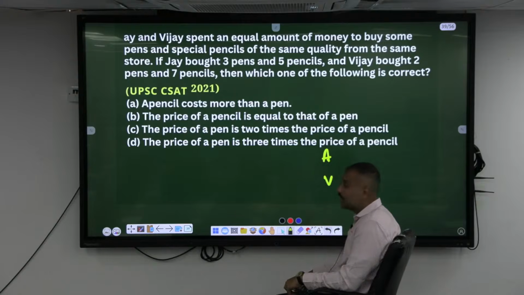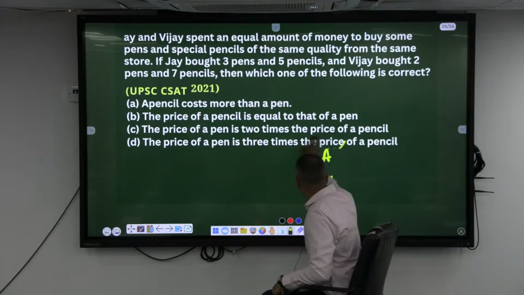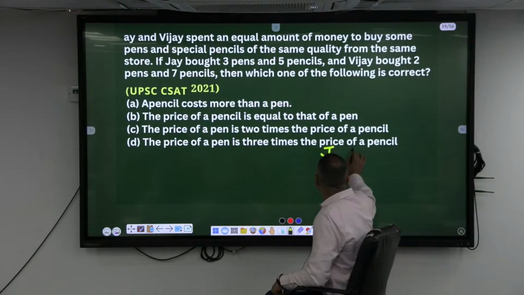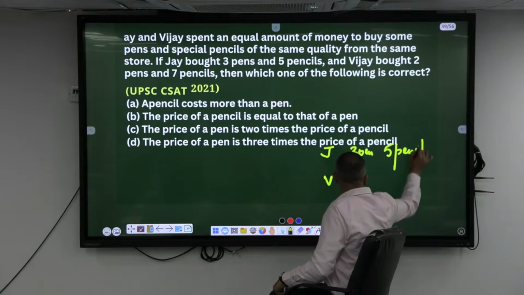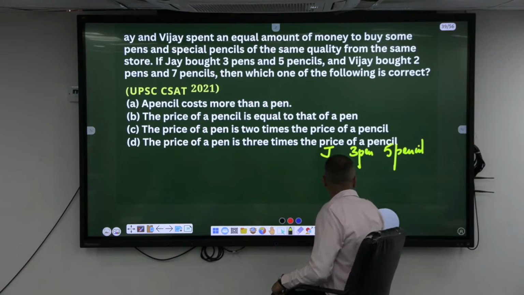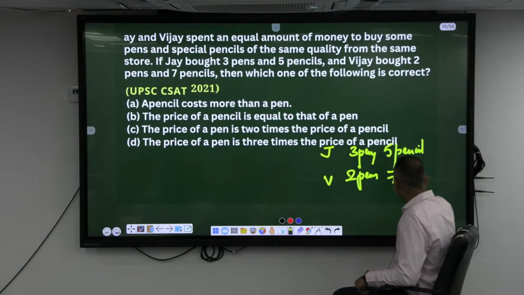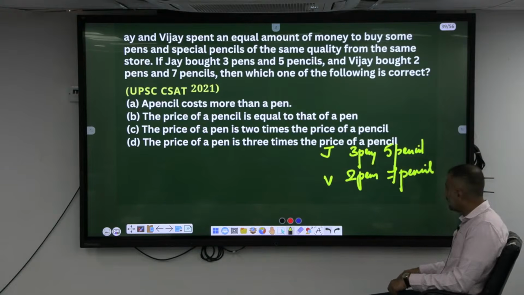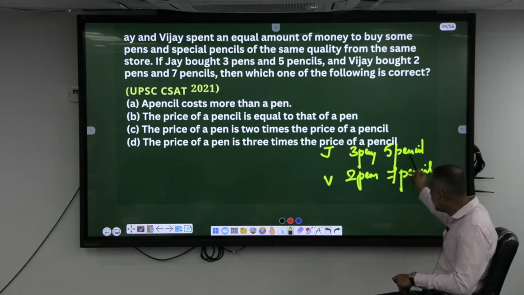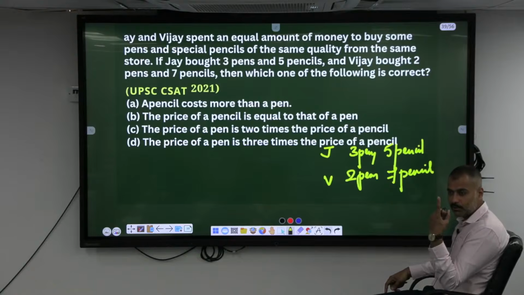With this money, Ajay bought 3 pens and 5 pencils, and Vijay bought 2 pens and 7 pencils. Same money, meaning if you buy 1 less pen, you can buy 2 more pencils. Meaning, the price of 1 pen is equal to the price of 2 pencils.